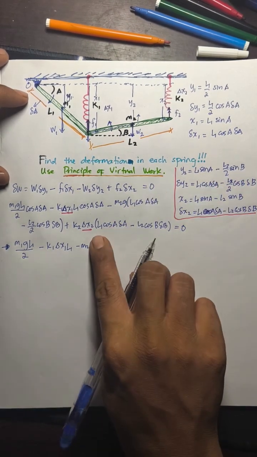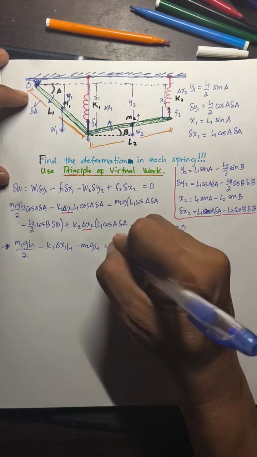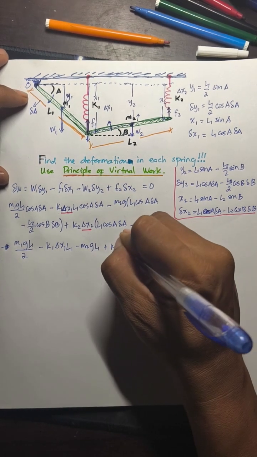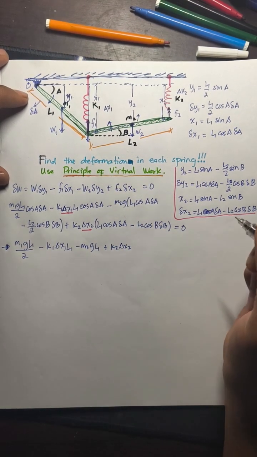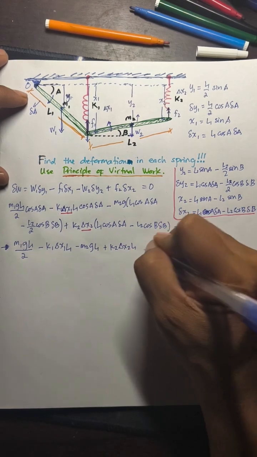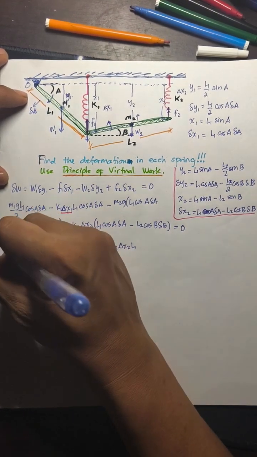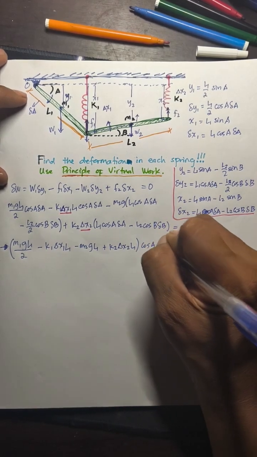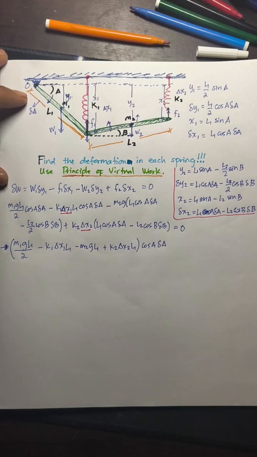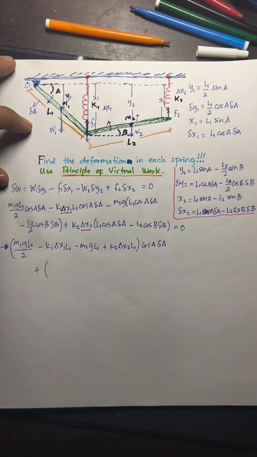There's another delta A here. We have a plus, so plus K2 delta X2 L1, times cosine A delta A, plus how about delta B?